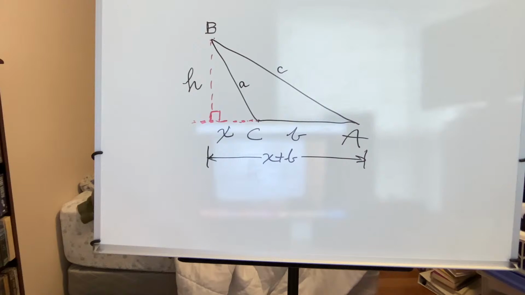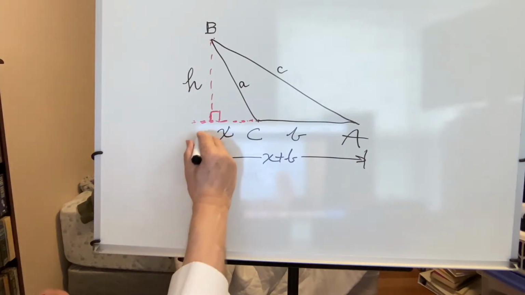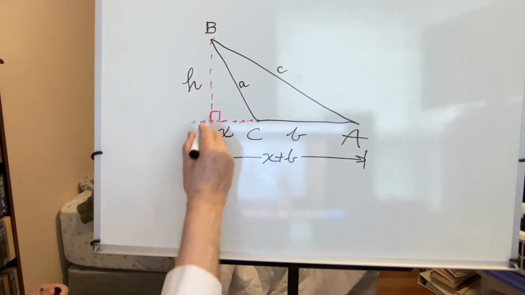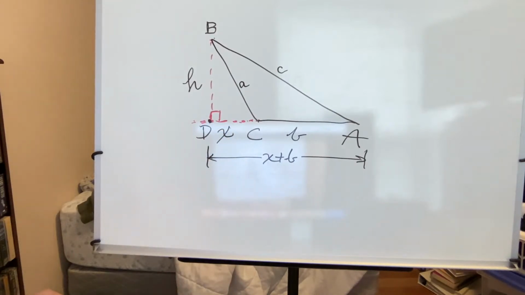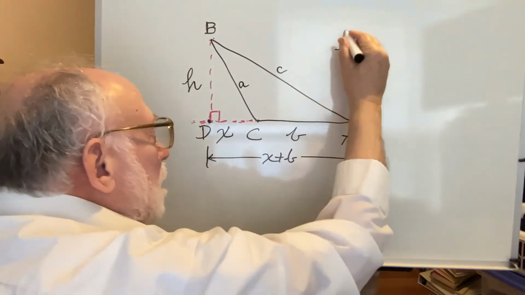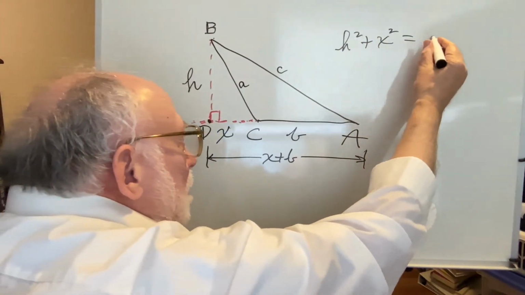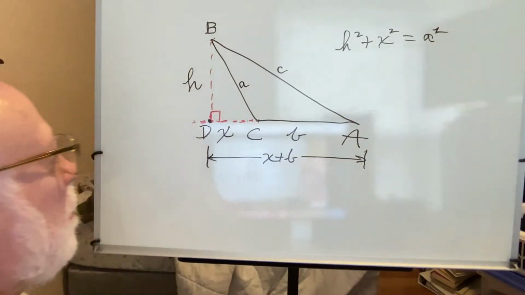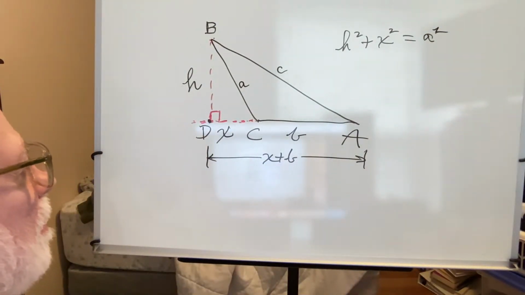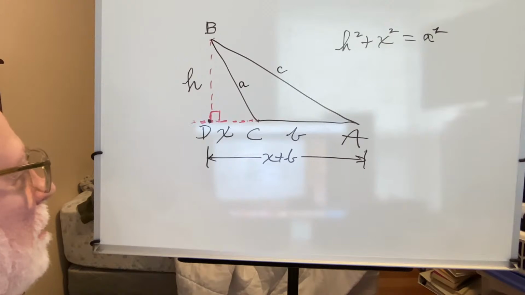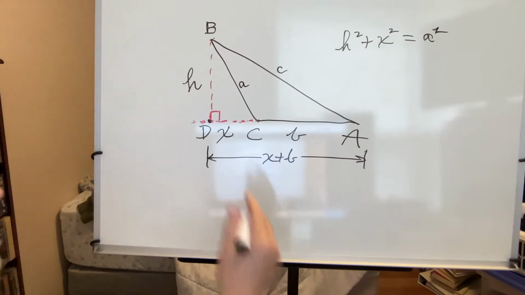So this over here might be D. We have H squared plus X squared equals A squared, and we also have in the big triangle, the big right triangle, that was the little red right triangle.